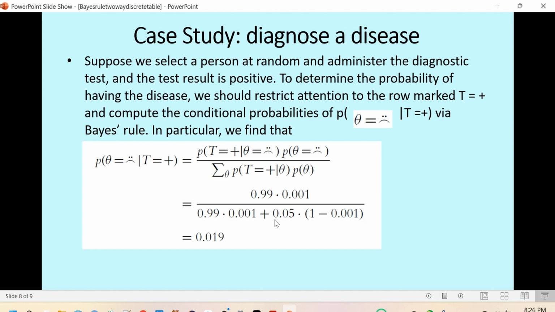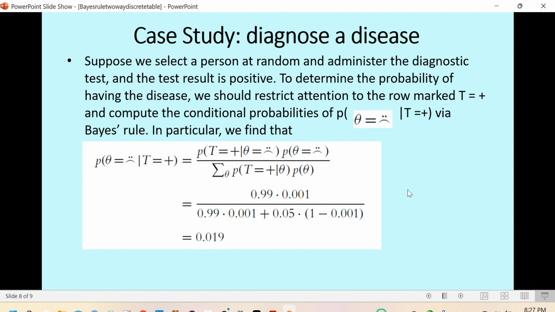And second, there is a relatively very large false alarm rate for the test, 0.05. So this part is significantly larger than this part, right? So the result will be very small, because this part is about 40 to 50 times larger than this one, right?